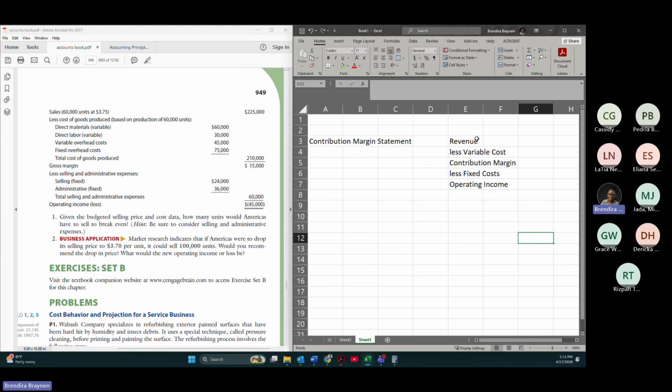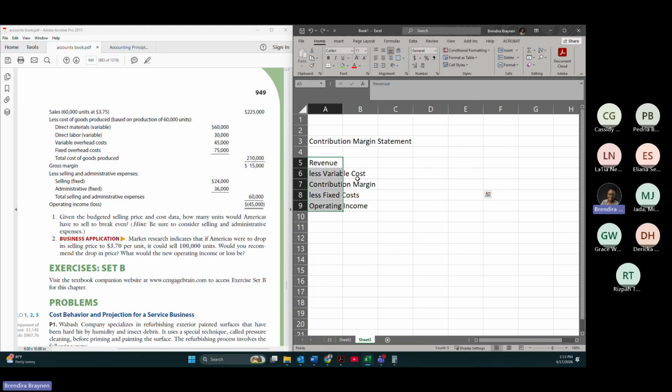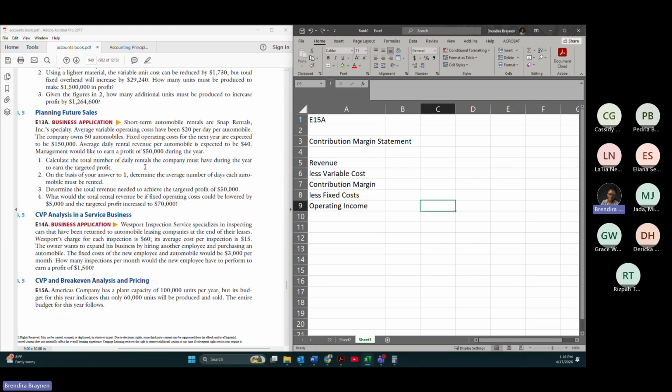And so based on what's here, if I was to take this approach, my contribution margin statement should come up with the same operating income or loss. It's just that it's organized differently. That's the only difference. So in this case, what is this? This is question E15A. So just do that like that. E15A.